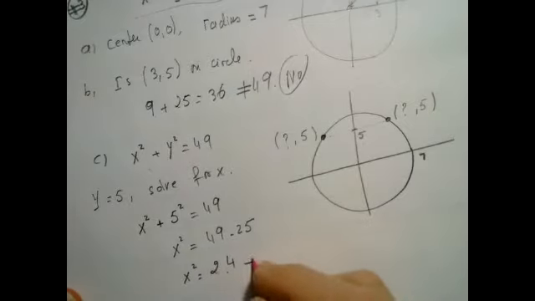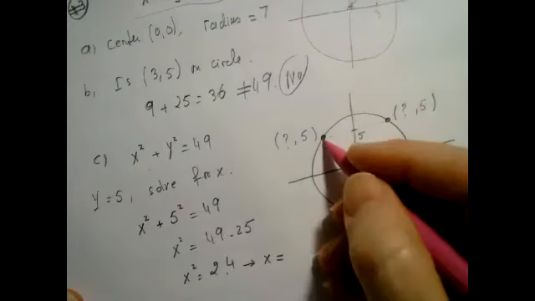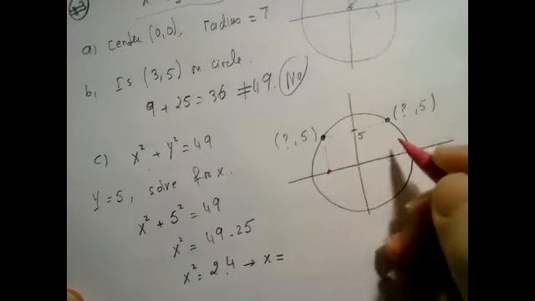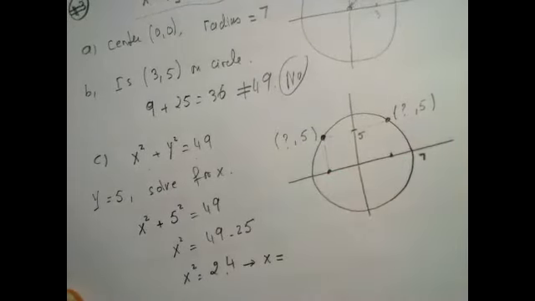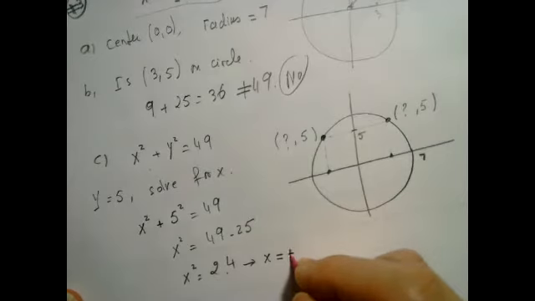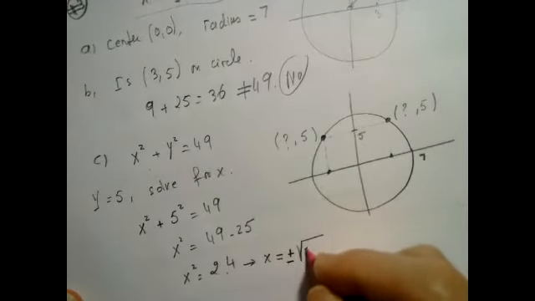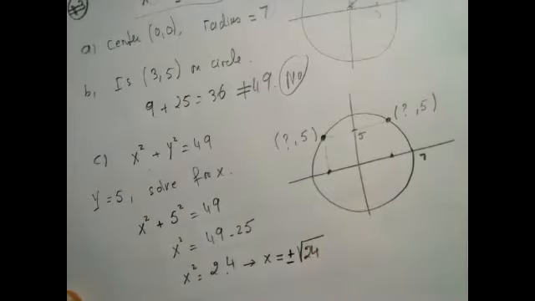So what is x? The picture tells me that there are 2 x's, one here and one here. There are 2 points that have the same y coordinate. So x is either plus or minus the square root of 24.